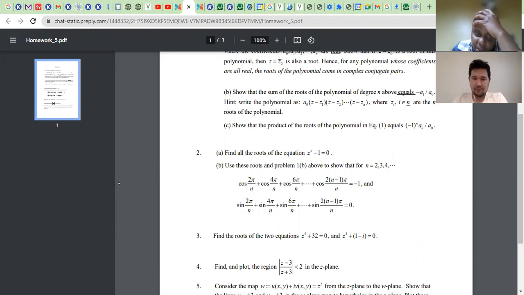Okay. So they want us to find and plot this region: |Z minus 3 over Z plus 3| less than 2 in the Z plane.